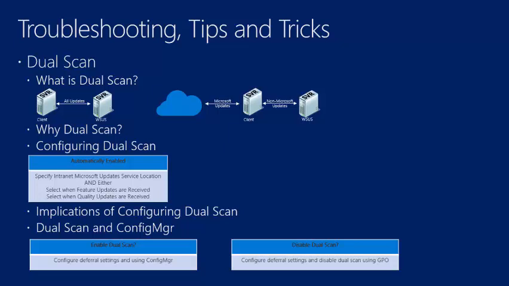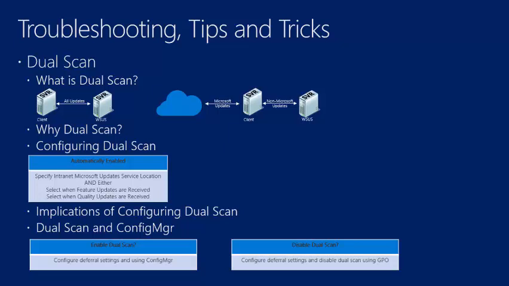The way it gets enabled is there's one main setting, as you see in the table here: Specify intranet Microsoft update service location. If you pair that with either Select when feature updates are received or Select when quality updates are received, you are turning on dual scan, right?